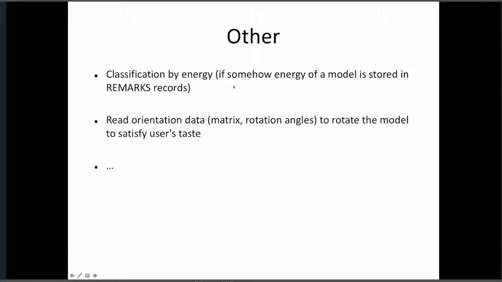Other features that I am not going to go into: for example, it is able to classify the models by energy. You can put the energy coming out of CNS, Explore, or whatever model, the target function, in remarks records. It will look for those records, extract the energy, the keyword, and classify the models based on the energy.